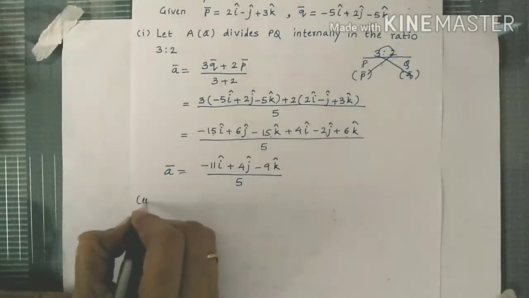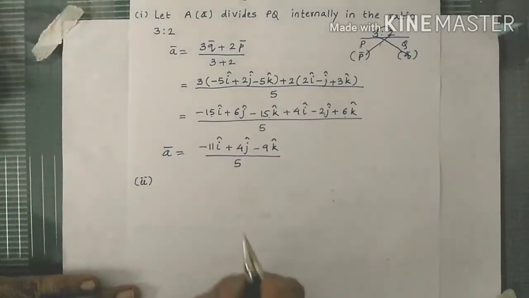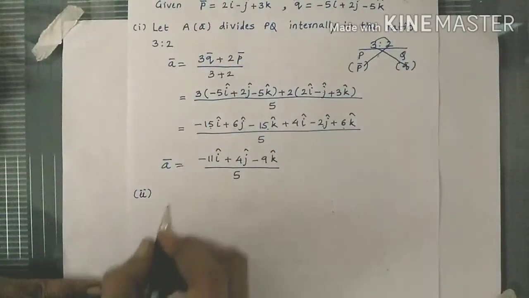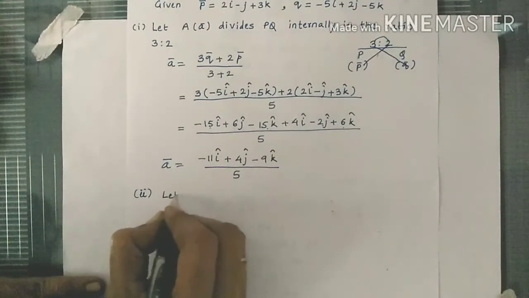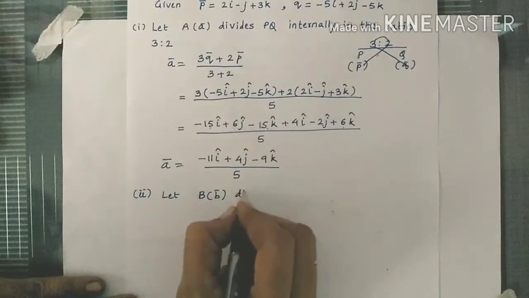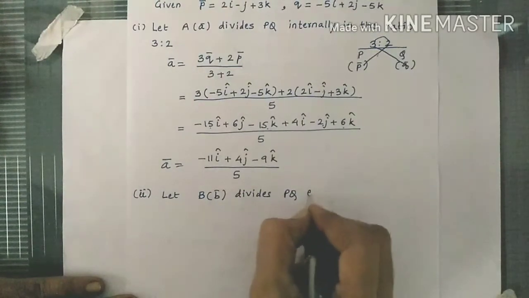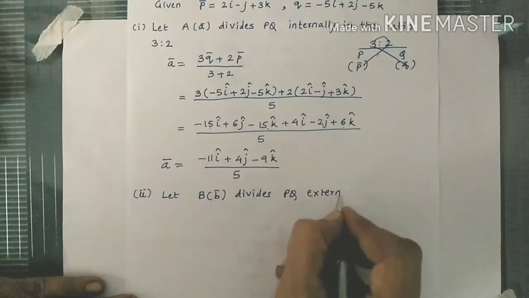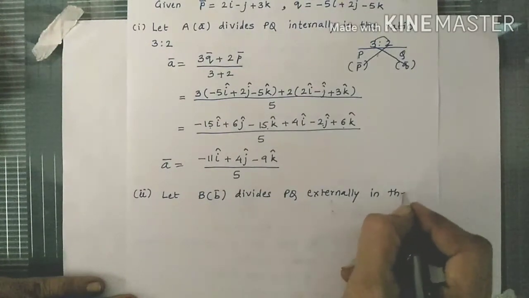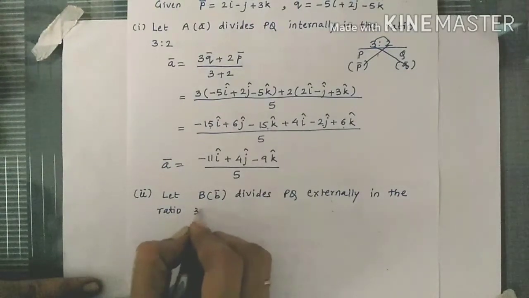And the second question is, the division is now external division. So we have the same formula, the only difference is we have to put a minus sign here. Let point B having position vector B bar divide PQ externally in the ratio 3:2.